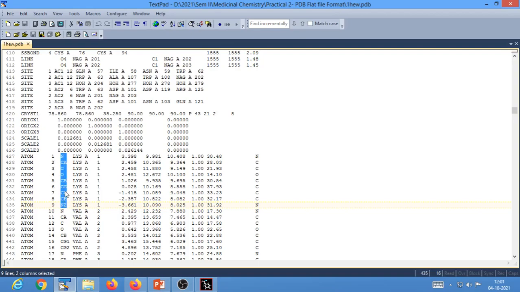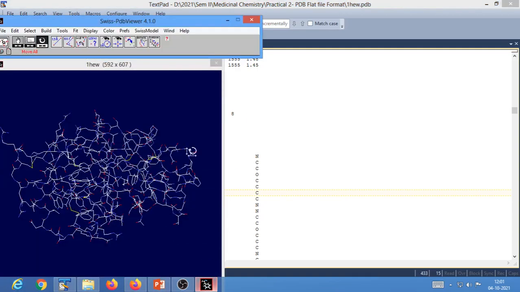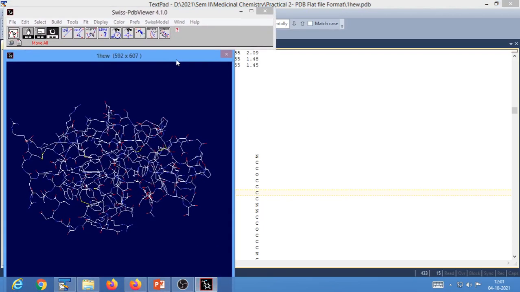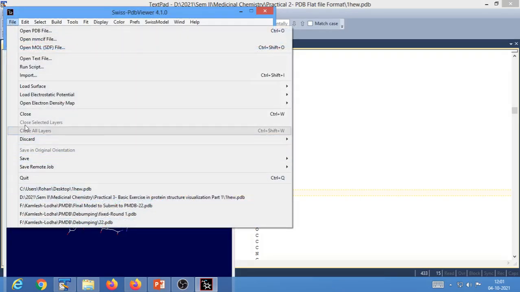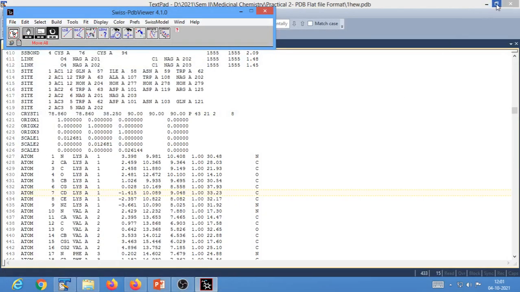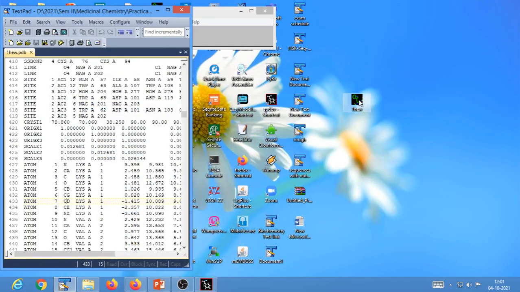Well, for example, let us focus on the very first residue. I will again show you how you can load this. This is the file that we have downloaded.